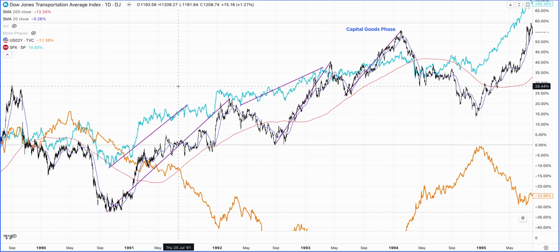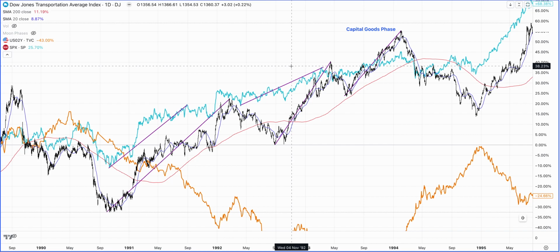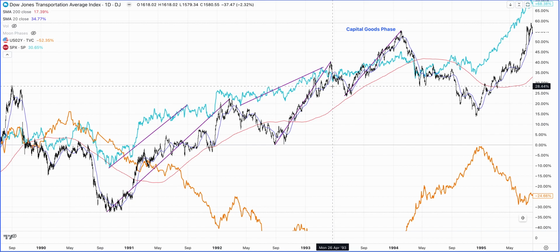So it was more of a transition phase where things were chugging along nicely. The market went through its phases, moved higher, moved lower, correction, move higher, move lower. This is how bull markets typically move. And then that's where this phase ended and it went into a corrective phase. And then the last phase is this one.